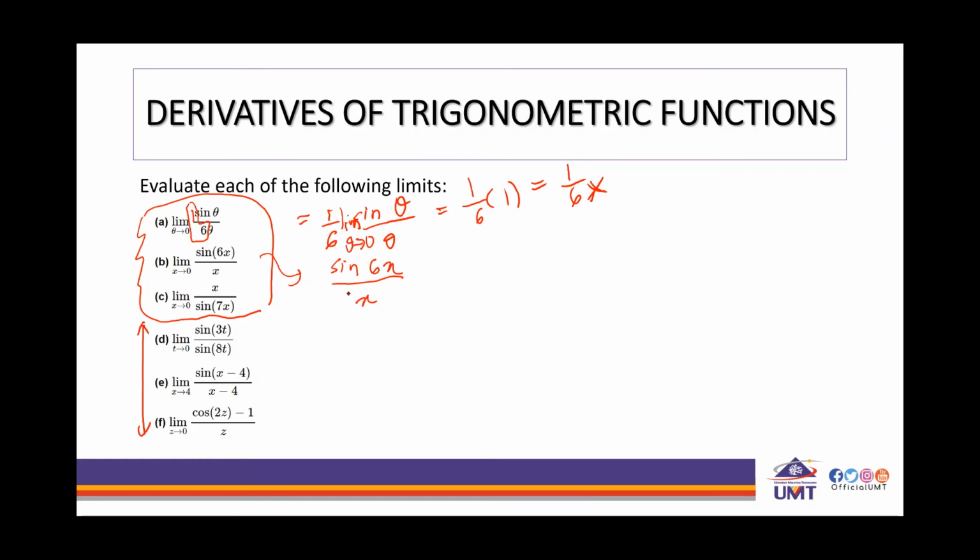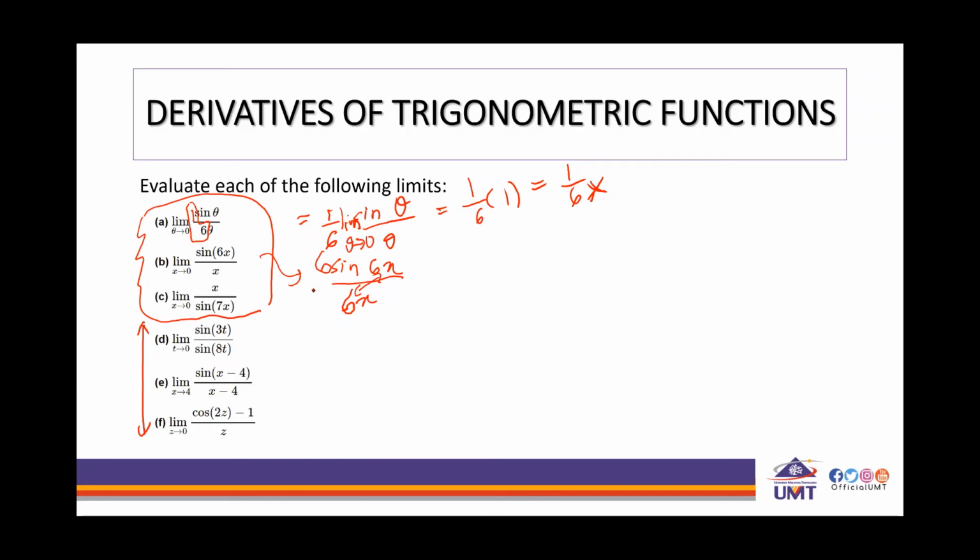We add 6 in front so that this and this are the same, right? At the same time, we need to add 6 at the front. So now you understand the logic? If we add 6 at the bottom here, we need to add 6 at the, what is it in English, the numerator, I don't remember.